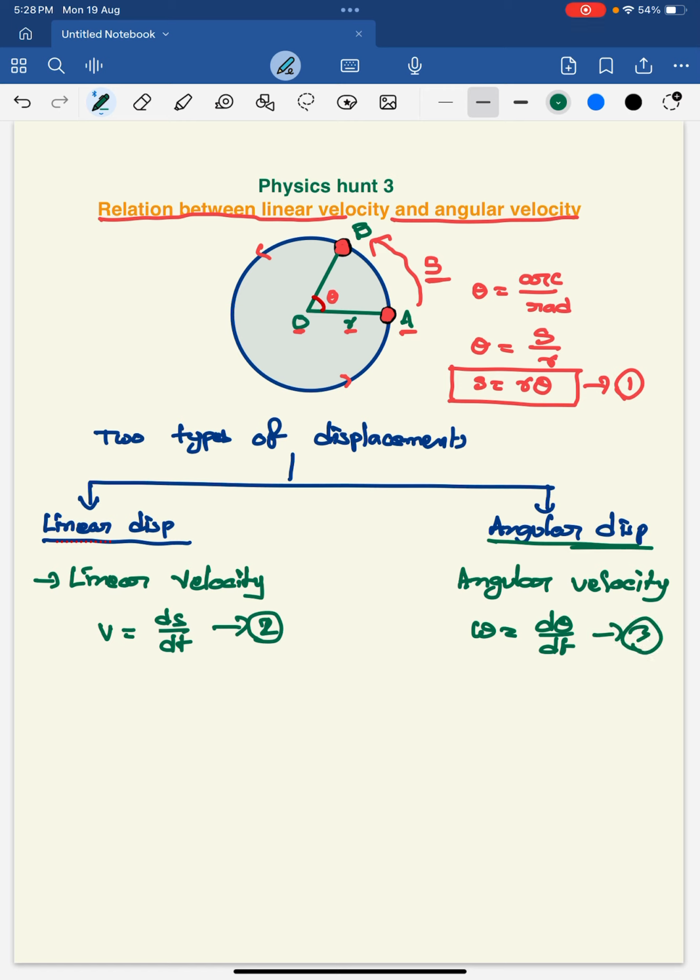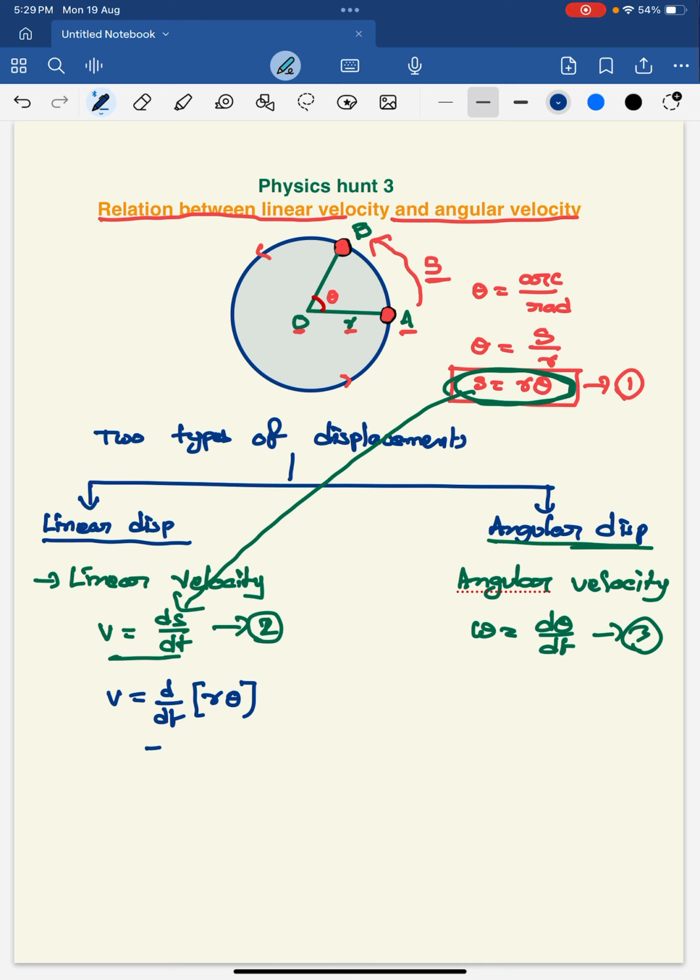In equation number 2, v is equal to ds by dt, but we know that s is equal to r theta, so you can substitute here. Therefore v is equal to d by dt of r into theta.